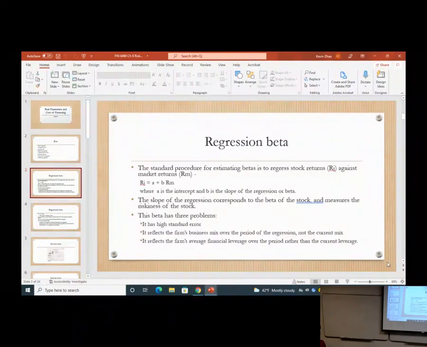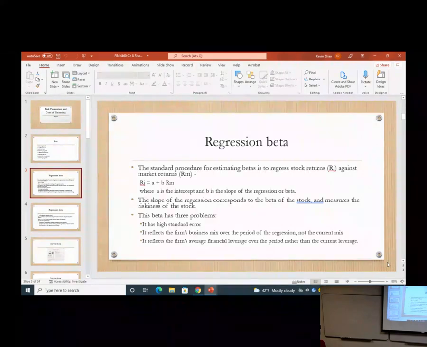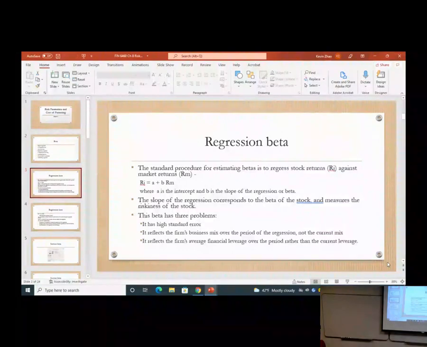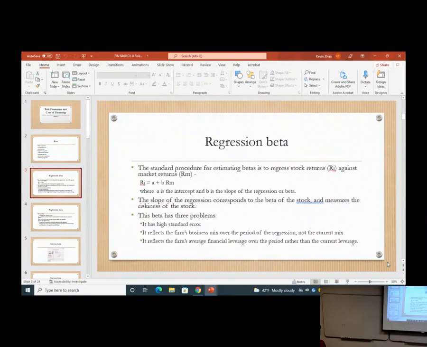Because you live in that systematic risk with the market. It's like this entire market is a big boat. And you sit in this boat. Relatively, no matter how this boat drifts, you don't feel any movement against this boat. So that's what beta means. Beta is relative movement between you and this boat.